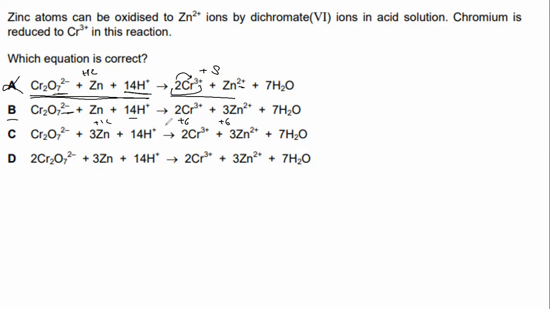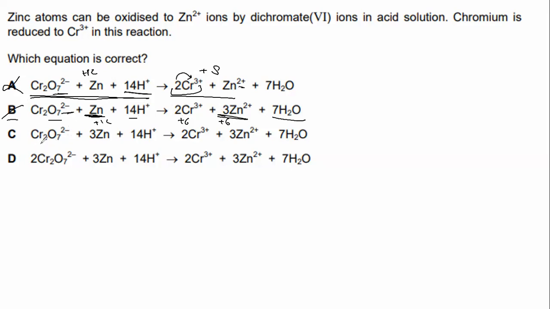Counting how many oxygens we have, here we have 7 oxygens, and here we have 7 oxygens as well. The problem is here we have 1 Zn, here we have 3 Zn. So I didn't pay attention to this, so option B is wrong.